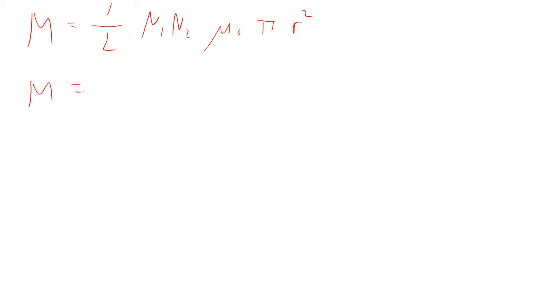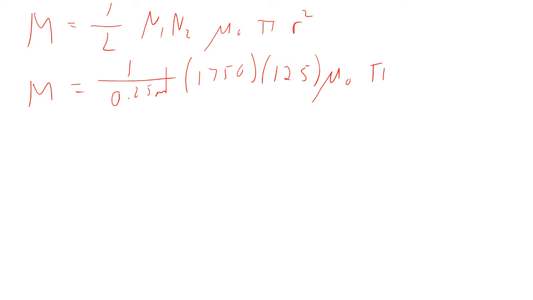So that's going to be equal to 1 divided by 0.25 meters, times 1750 times 125 times mu naught times pi times r squared, and r would be half of the diameter, so 0.025 meters squared.